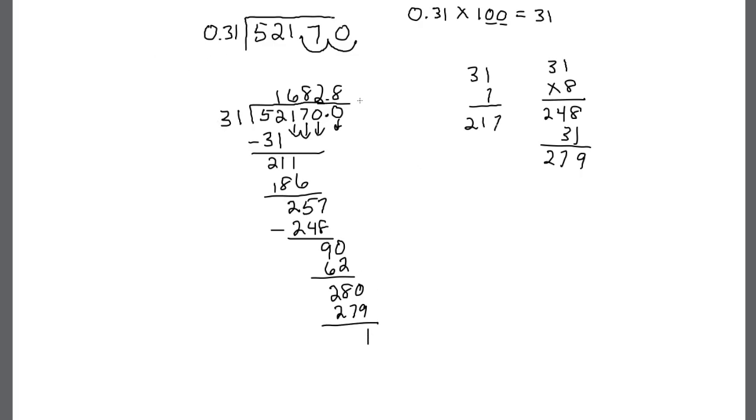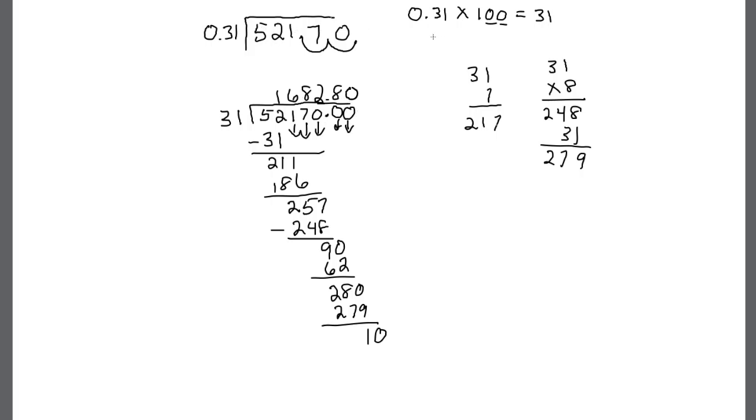31 can't go into 1. So I'm going to bring a 0 down. And now when you bring a 0 down, and the divisor still can't go into this number, you have to bring a 0 up top there. And I can actually stop right there, because if I said I'm rounding to the nearest 10th, the 8 is in the 10th spot, I look to the right, this number is below 5, so it tells me I'd round down.